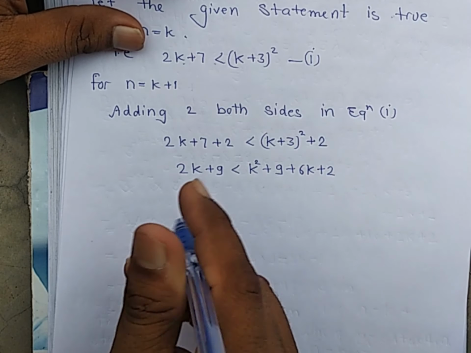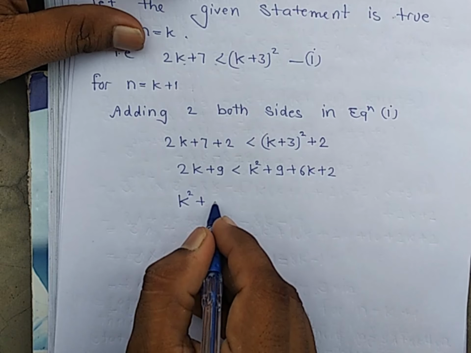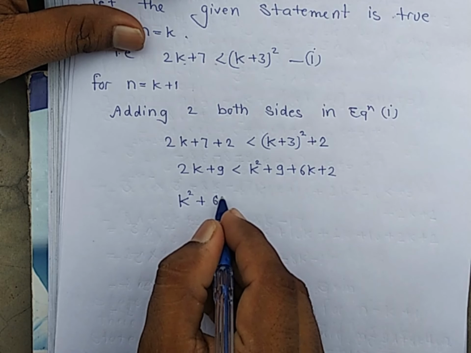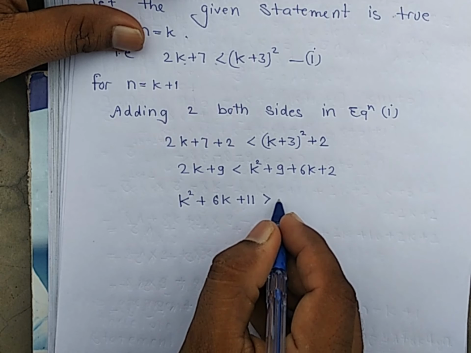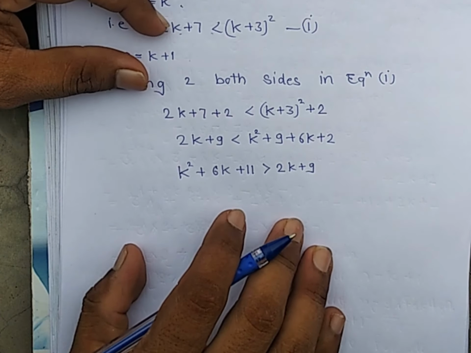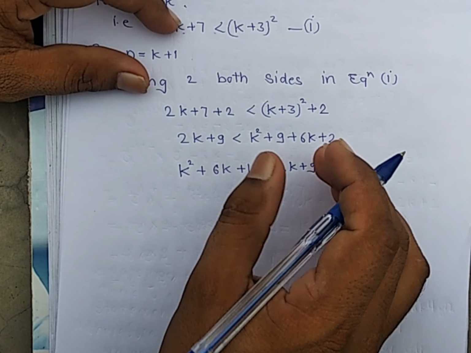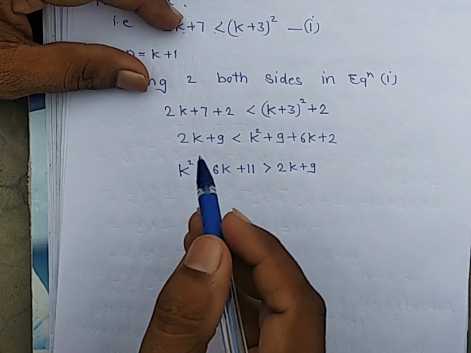We can write this term in the form k square plus 6k plus 11, which is greater than 2k plus 9. Means k square plus 6k plus 11 is greater than 2k plus 9.